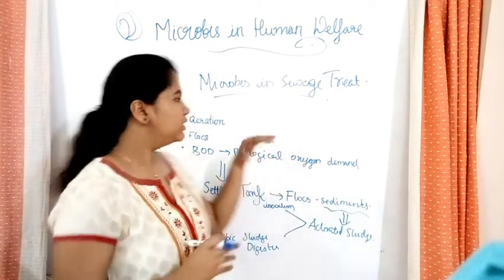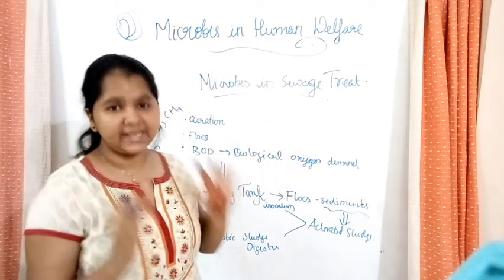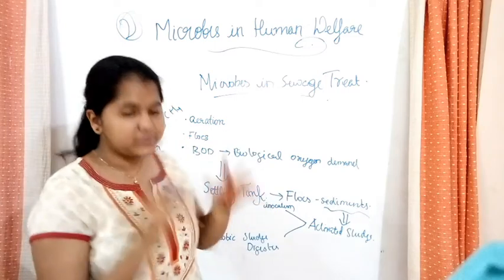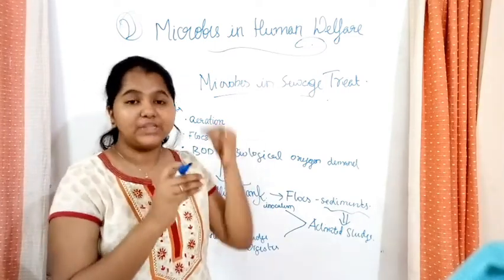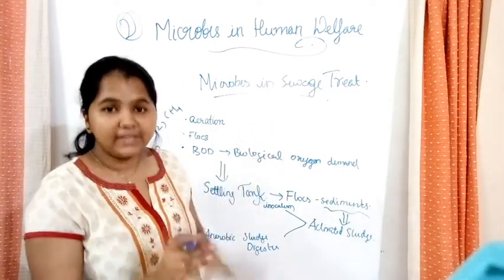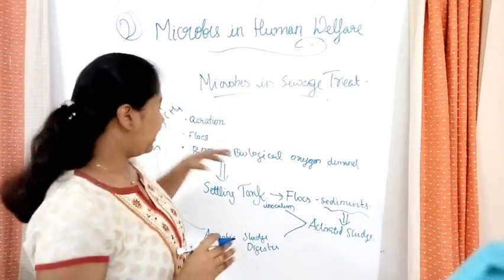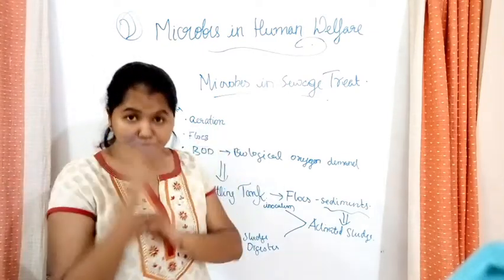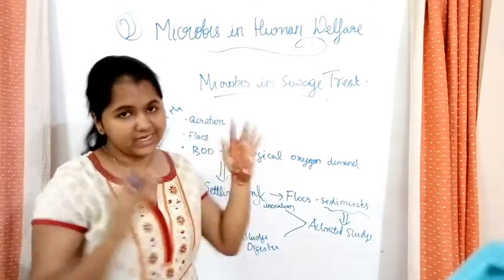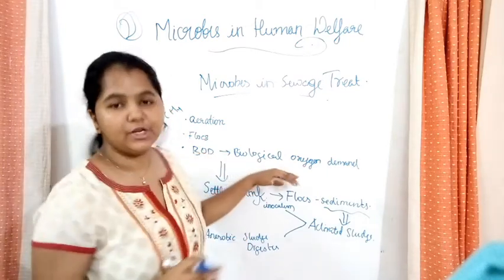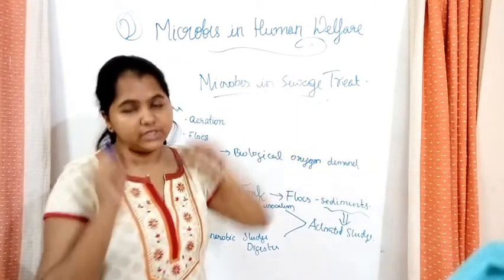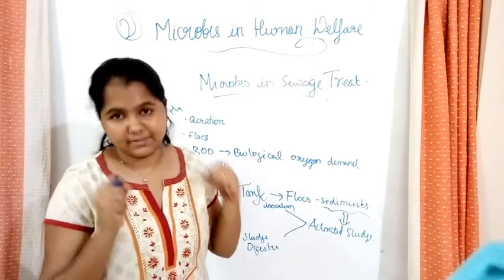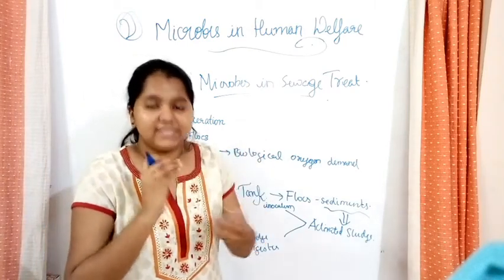After the aeration, these microbes feed on the organic matter and form flocs. Due to the formation of flocs, the BOD decreases. What is BOD? Biological oxygen demand. Due to the decrease in biological oxygen demand, some things arise.